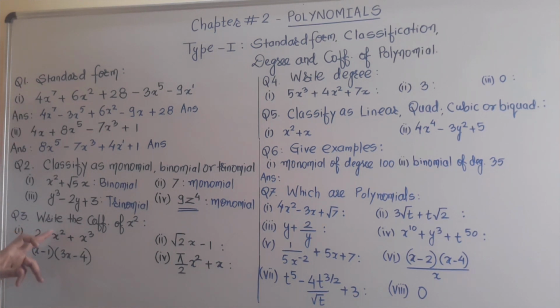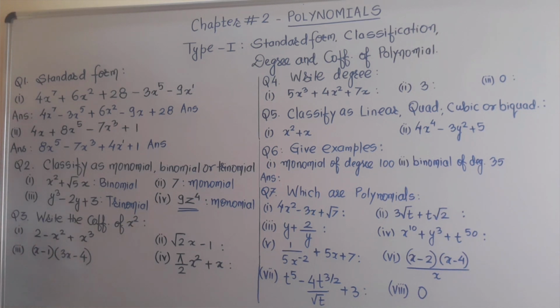Now look at question number 3. Write the coefficient of x square in the given polynomial. First of all, let us identify where the term x square is given. Observe here, this is the given term of x square.